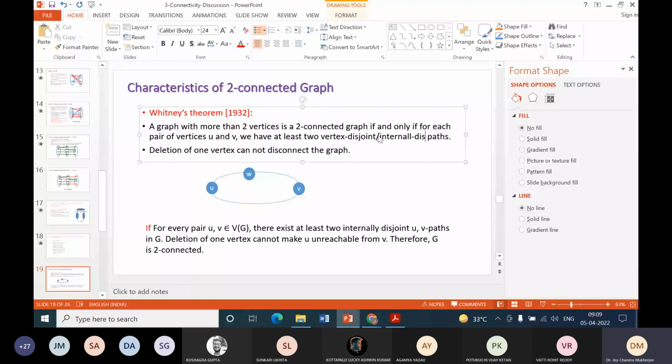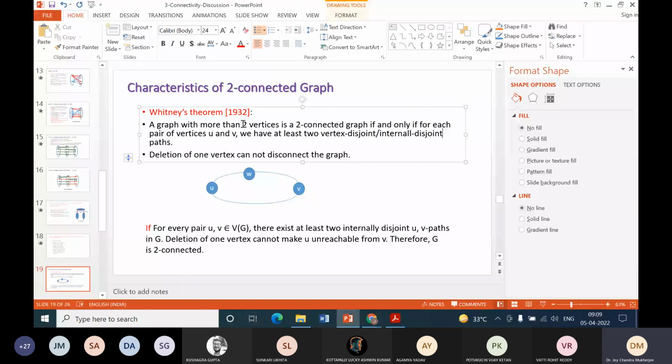Now this is Whitney's theorem and we are going to prove it. The if part says that if for every pair of vertices U, V we have at least two internally disjoint paths, then it is two connected. This is very easy to prove because take any two vertices U, V, and since there are at least two vertex disjoint paths, deletion of one vertex cannot disconnect the graph.